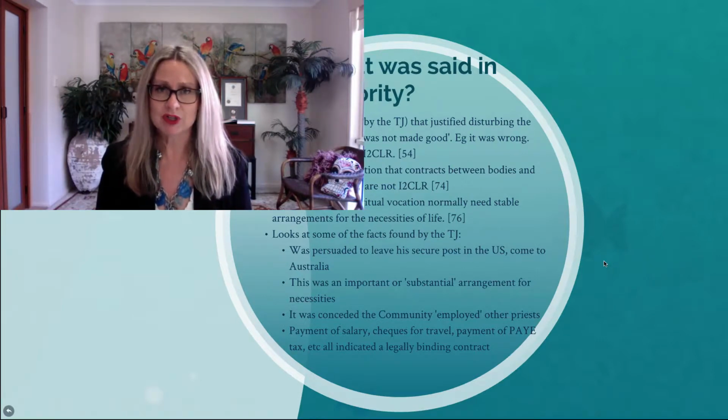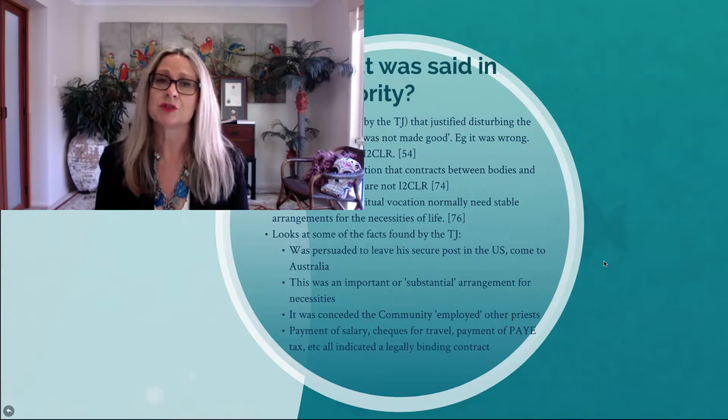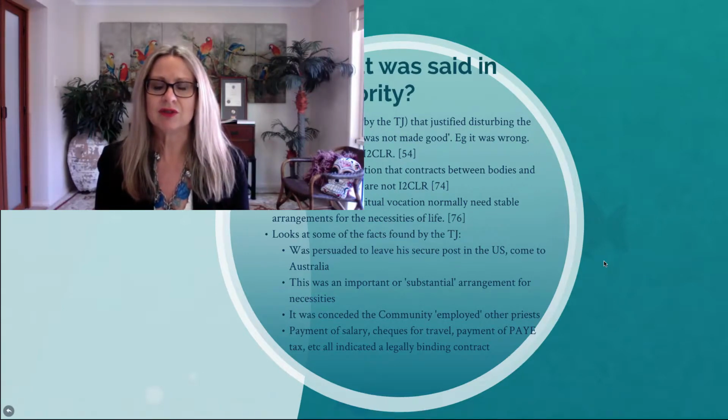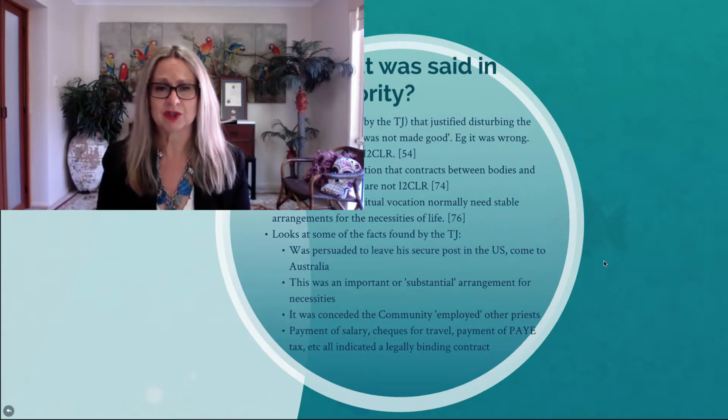Other things Kirby points to in the conclusions by the trial judge on the facts, things like it was already conceded that the community employed other priests. So once you've admitted that you've employed other priests that have a similar spiritual calling, how then do you distinguish between the Archbishop and the priests? It's a bit artificial.